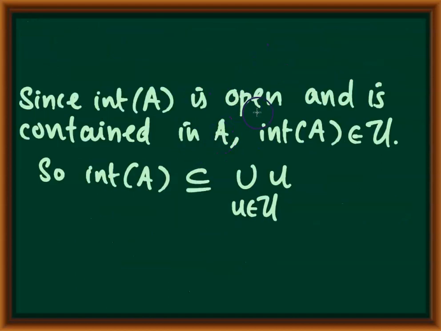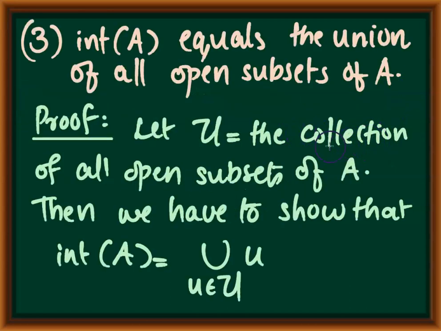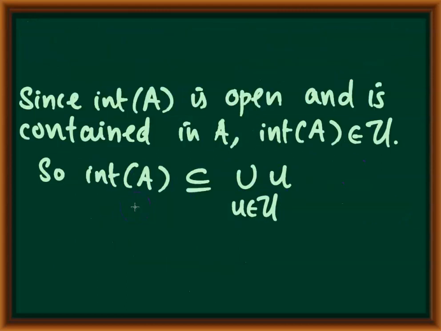Since interior of A is open and is contained in A, interior of A will belong to the collection U. Since the collection U contains all open subsets of A, we can say that interior of A will be contained in the union of all members of family U.